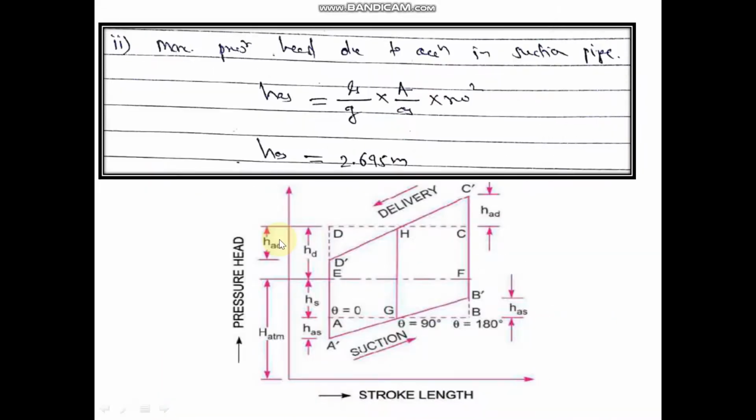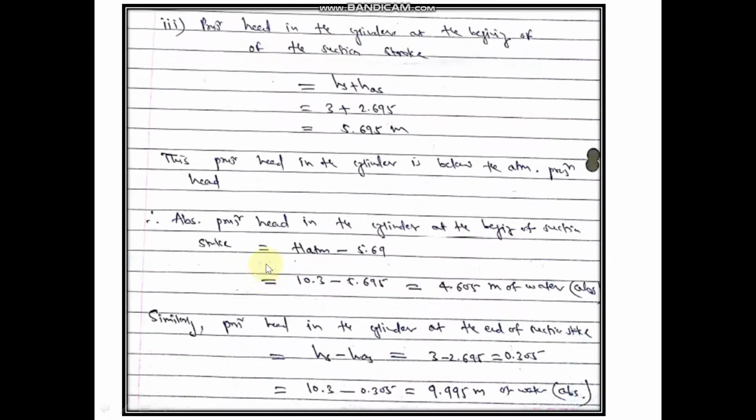Now if you see, this pressure head is below the atmospheric pressure head line. So commonly this pressure is negative pressure. In terms of absolute scale, we can determine this pressure by the absolute pressure head in the cylinder at the beginning of suction stroke equal to atmospheric pressure head minus this pressure.